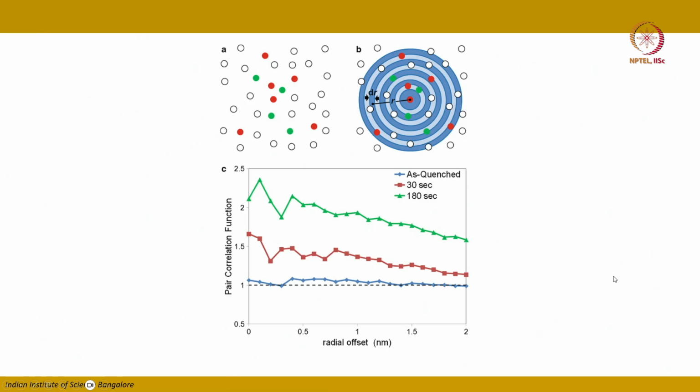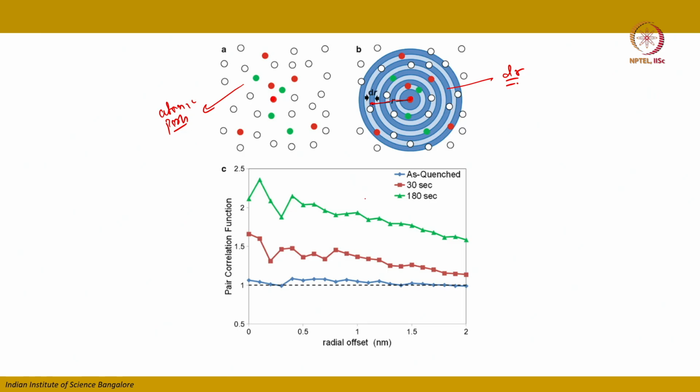So here, this is an image where you can see that these are the atomic positions. If you see this particular atom at a radius r radially, you can see that these are the concentric shells with a thickness of dr. Each shell is centered around an increasing radius r and has a thickness delta r.